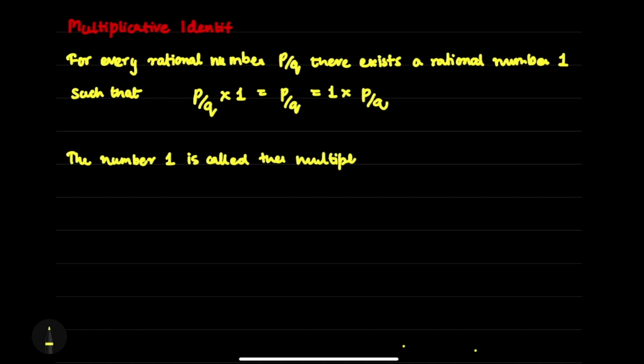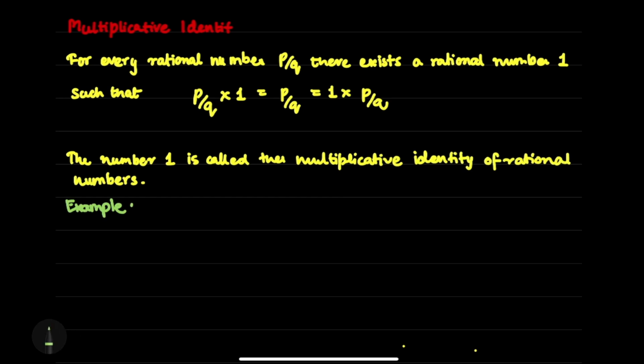Therefore, the number 1 is called the multiplicative identity of a rational number. Let's take the example of minus 2 by 3. So if we multiply 1 to it, we will again get the value of minus 2 by 3. And that's how we verify the multiplicative identity of 1.